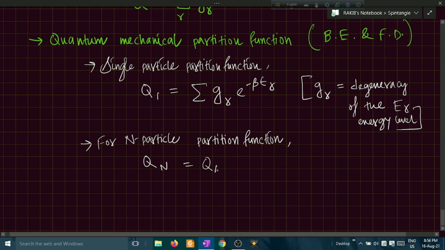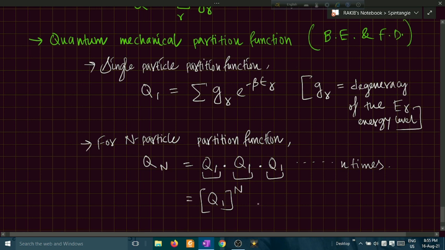Okay, this is q1, say this is for the second particle, this is q1, this is q1, all the particles have partition function q1, and if there are n particles there will be n times q1, that will become q1 to the power n.